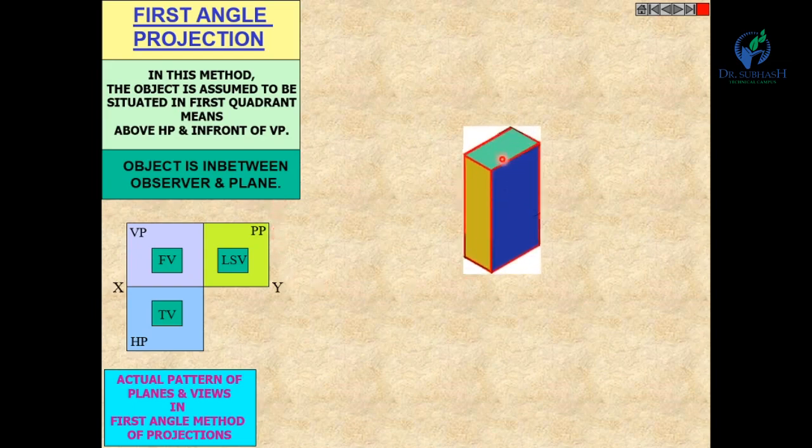See here, this is our object, and this arrow shows the direction of the observer for the front view. For the front view, the observer will be here, for the top view the observer will be here, and for the side view the observer will be here. These are the three directions for observing this particular object.